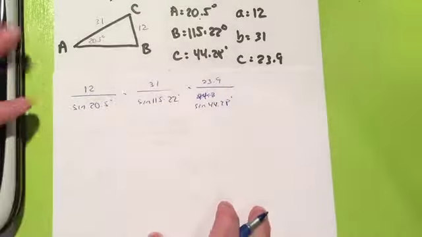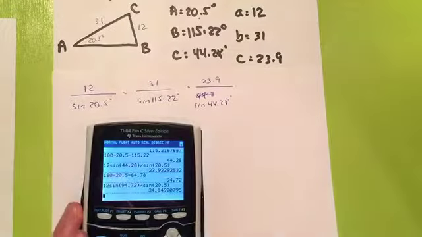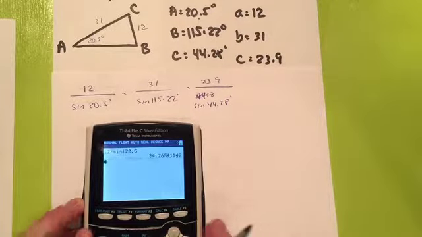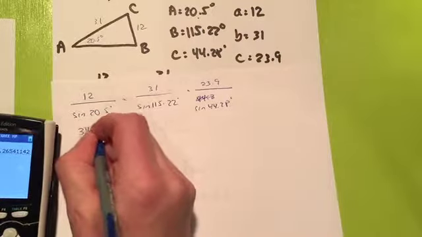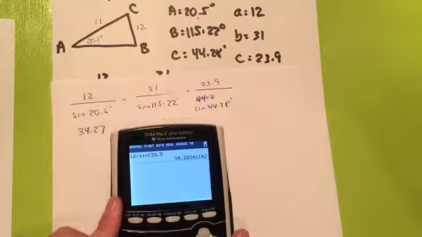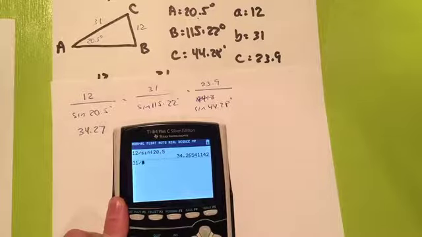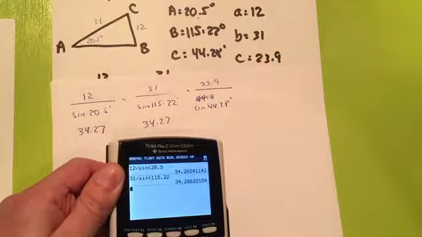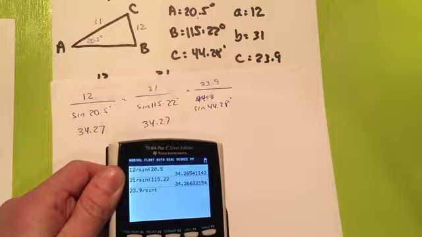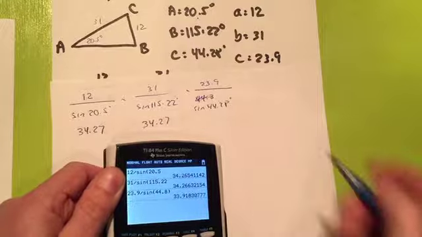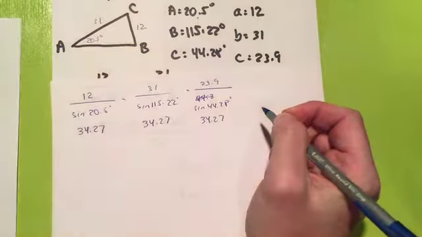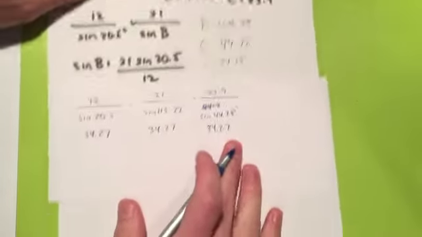If we plug this into the calculator, we should have a constant ratio all the way through. 12 divided by sine 20.5 gives a ratio of 34.27. 31 divided by sine of 115.22 is 34.27. And lastly, 23.9 divided by sine of 44.28 is 34.27, with some rounding error. Everything works out.